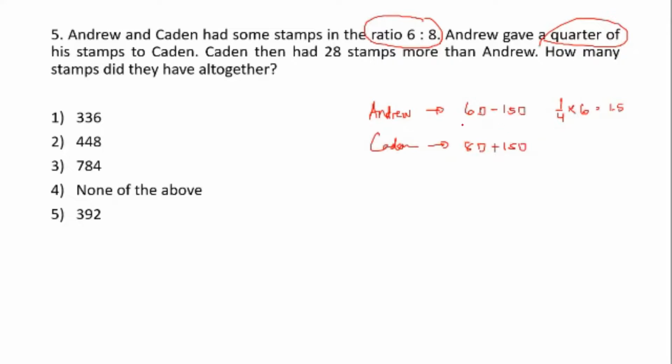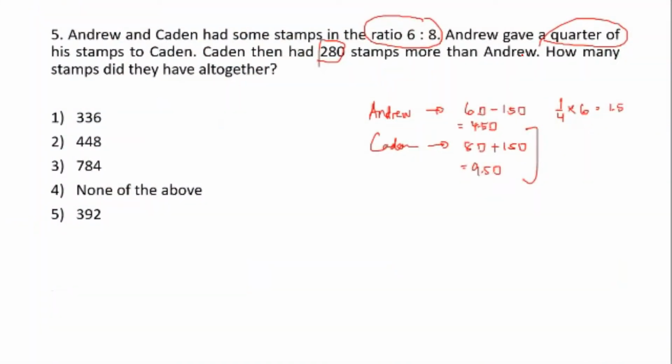Now you can see that Andrew's number of units becomes 4.5, while Kieran's units becomes 9.5 units. It said here that after Andrew gave the quarter, Kieran had 28 stamps more than Andrew. So the difference in the number of units is 5 units, 9.5 minus 4.5, and that's equal to 28 stamps.